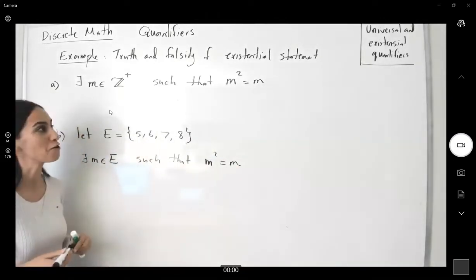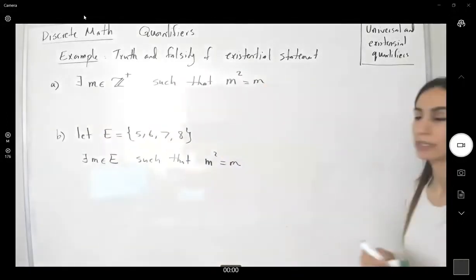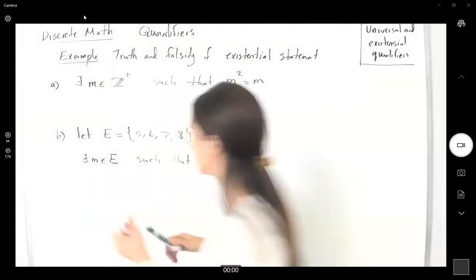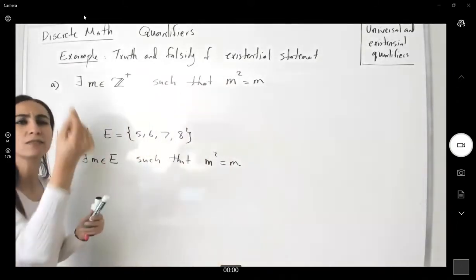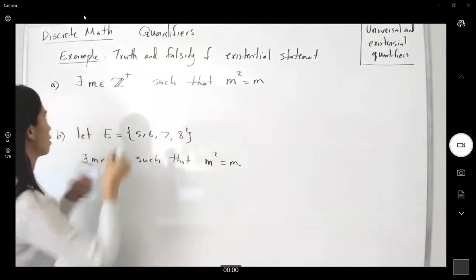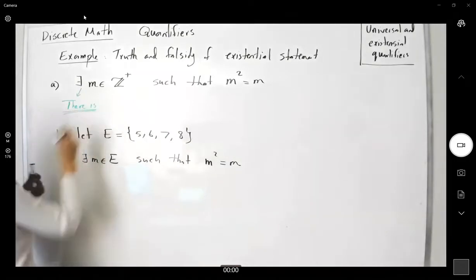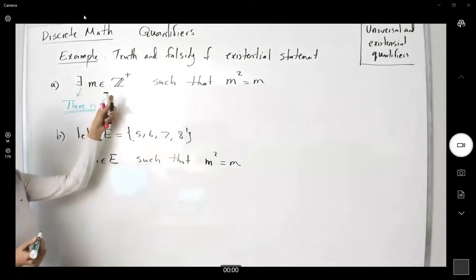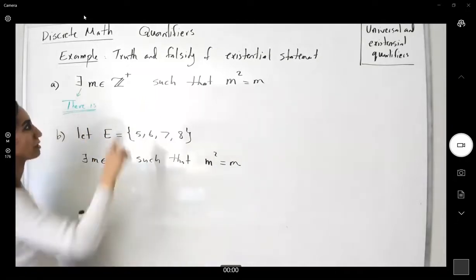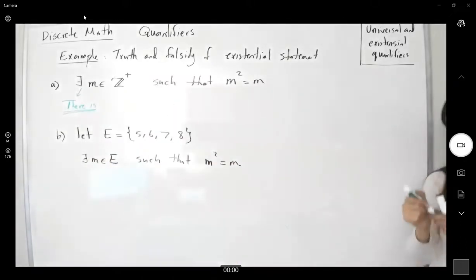Which one is false? Since we have an existential quantifier, it says there is at least one element. If you find that element, you're done. That's enough. There is at least one. Can I find at least one number in the set of positive integers that satisfies this relation? Of course.